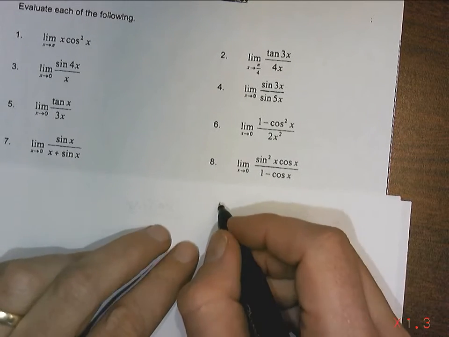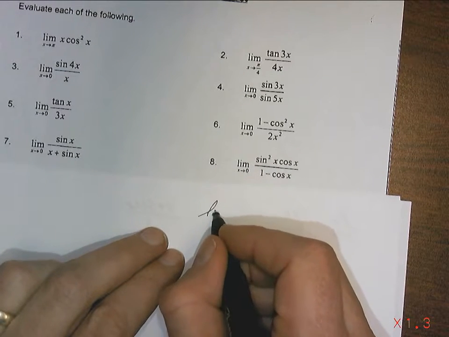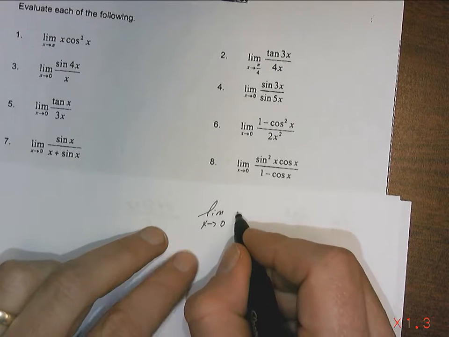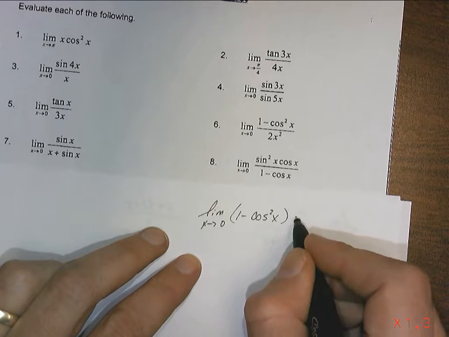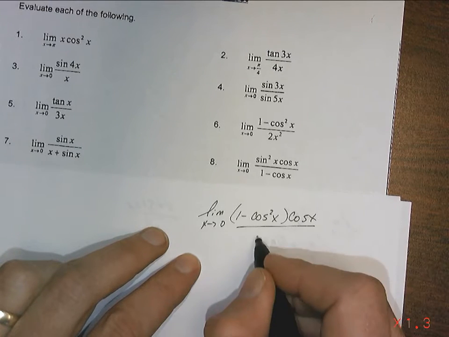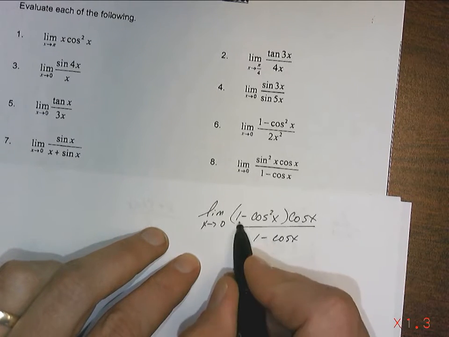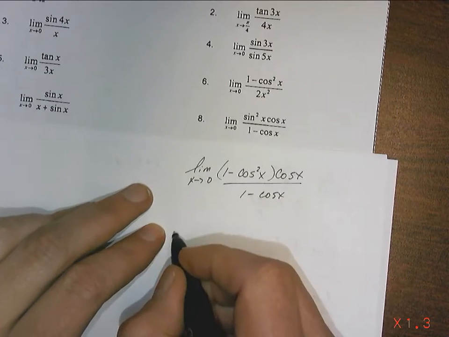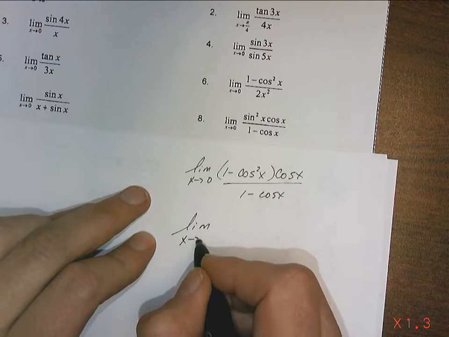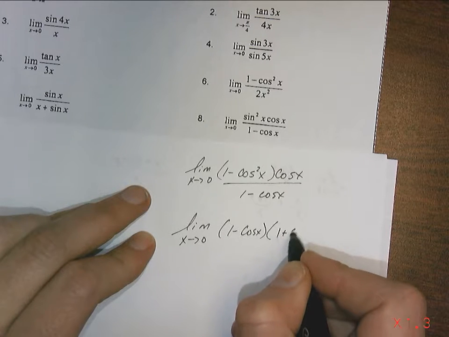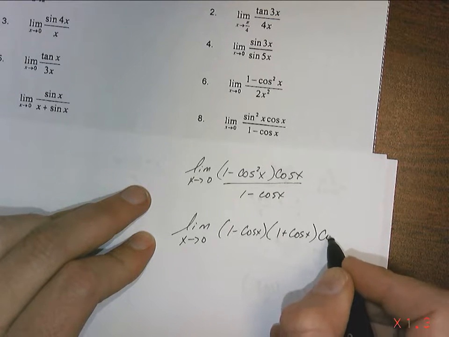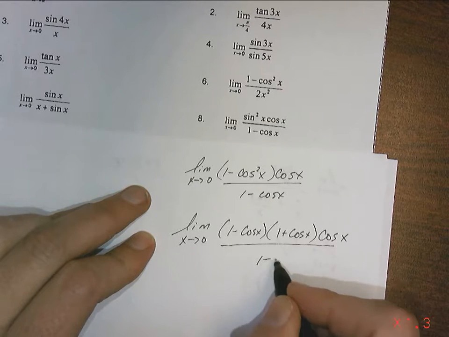I'm going to try something. If it doesn't work, I'm going to do something else. I'm going to make this 1 minus cos squared x over 1 minus cos x. This one is a difference of squares. Limit, x approaches 0, 1 minus cos x, 1 plus cos x, over top of 1 minus cos x.